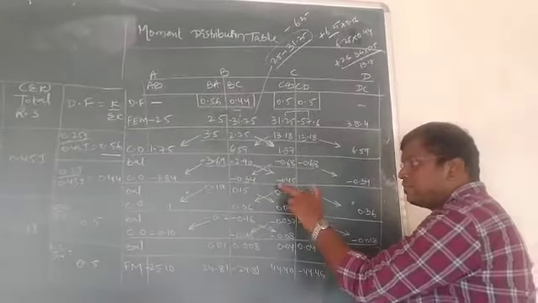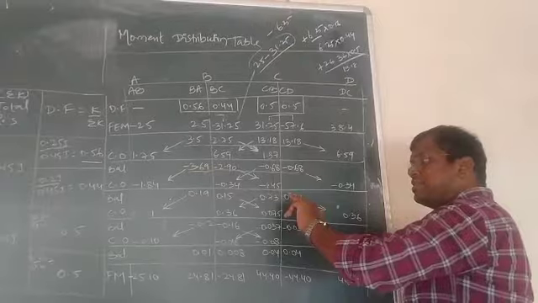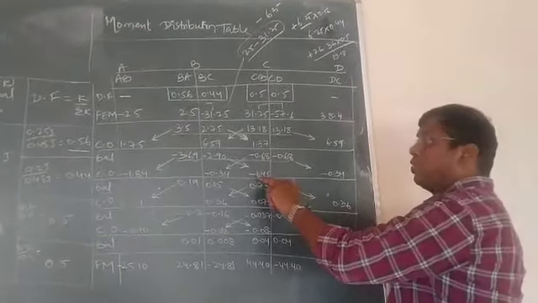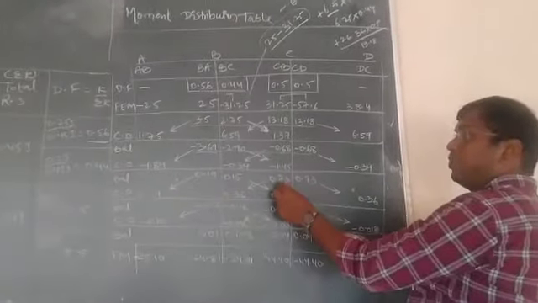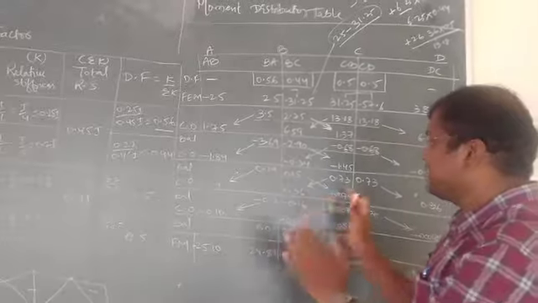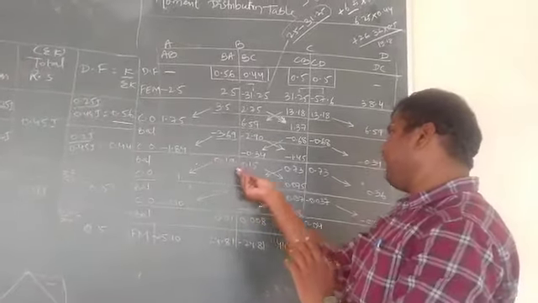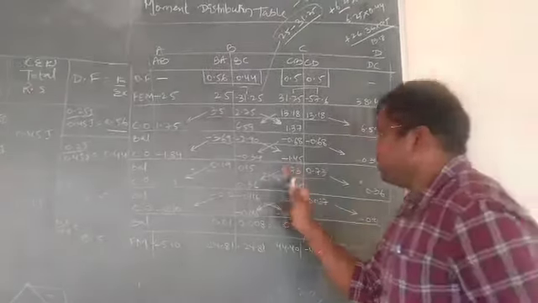Similarly, now here look at here, this minus 1.45 has to be balanced. The balancing moment is plus 1.45. Plus 1.45 multiplied by 0.5, which is 0.73. Now when you do this, up to this level the moments are balanced.